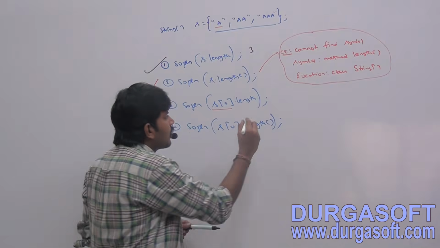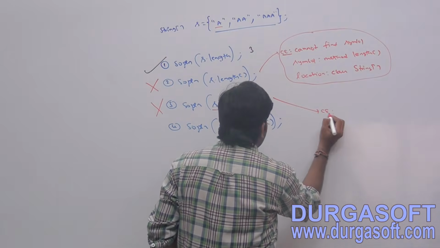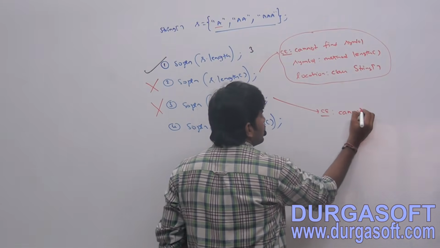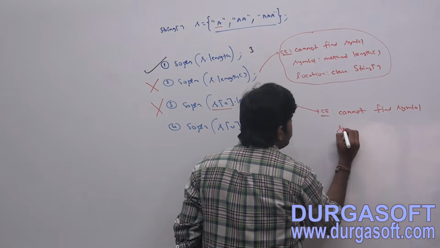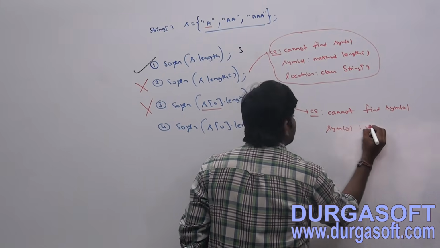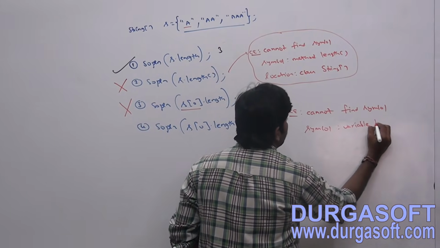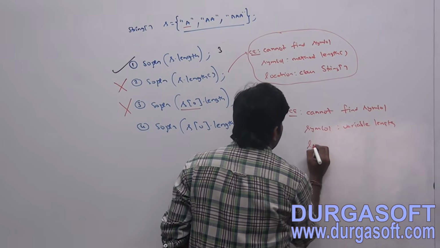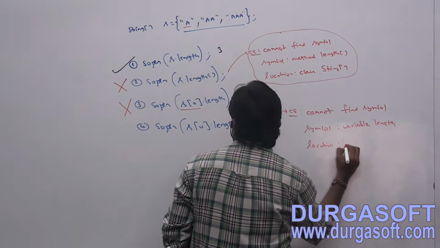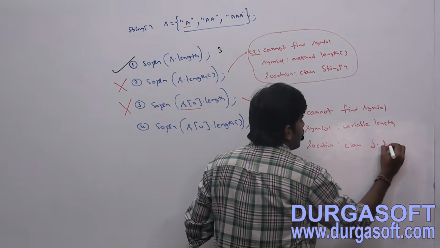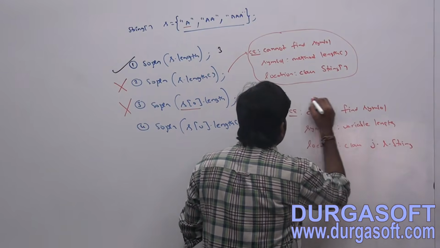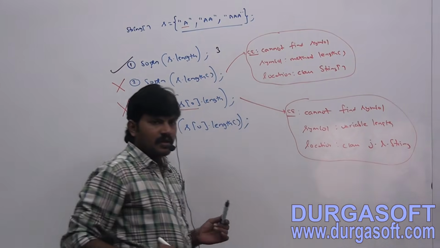Not applicable. Compile time error: cannot find symbol. Which symbol? Variable length, in the location class java.lang.String.